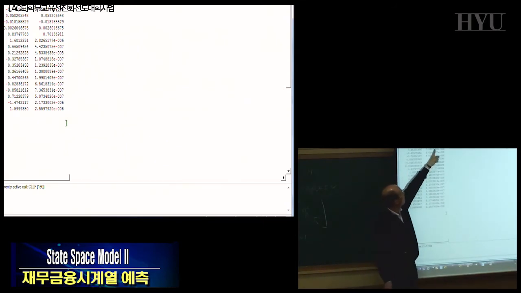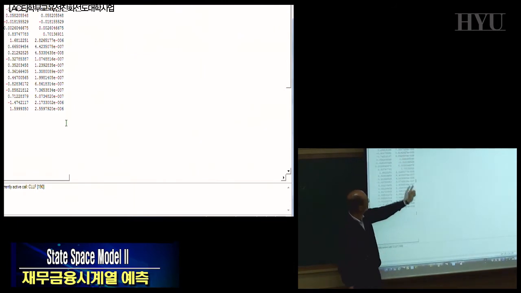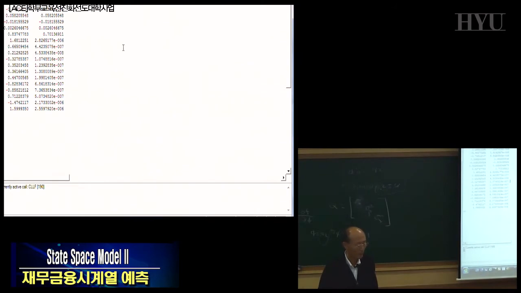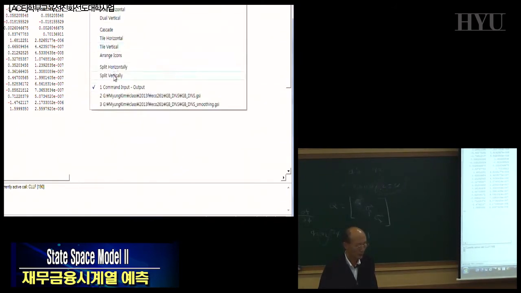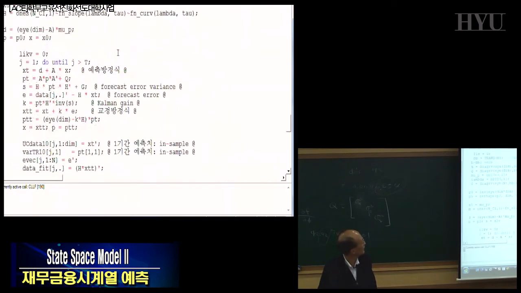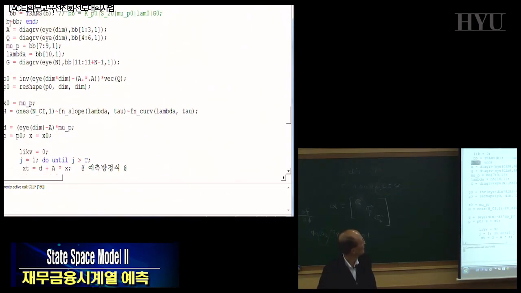Otherwise, you have very small numbers here, very small numbers there, and relatively big numbers. So the scale won't match. So that's the first trick you need to know. Okay, now let's continue.